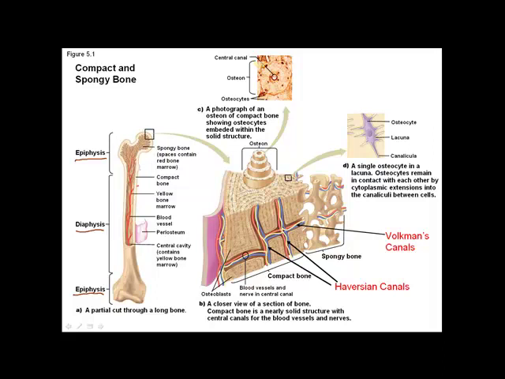And then in the middle, so again, this is compact bone around the edges of the bone, and in the middle is spongy bone. And this is the medullary cavity.